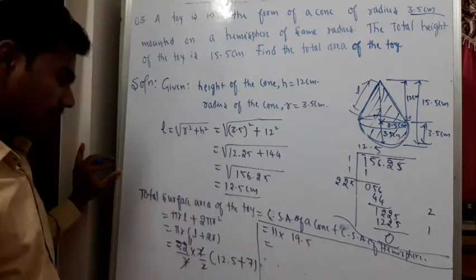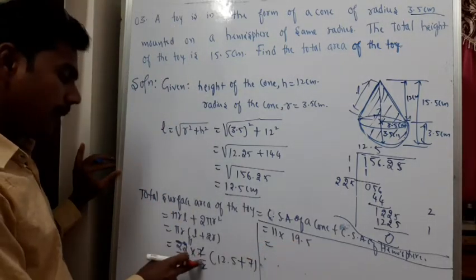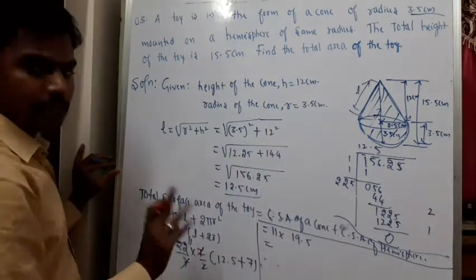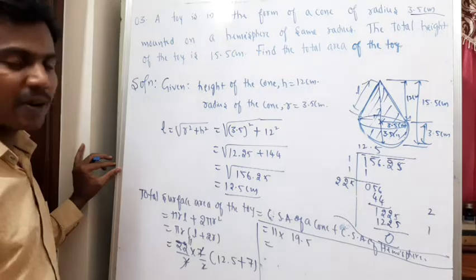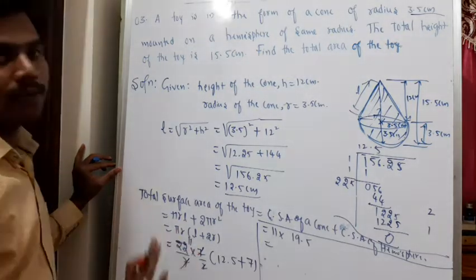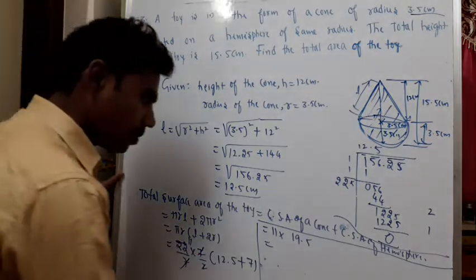Any confusion here? So R is 3.5. 3.5 can be rewritten as 7 by 2. 7 by 2 is nothing but 3.5. Why did I do this? To simplify my calculation, that's it.